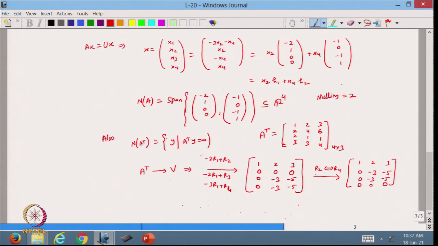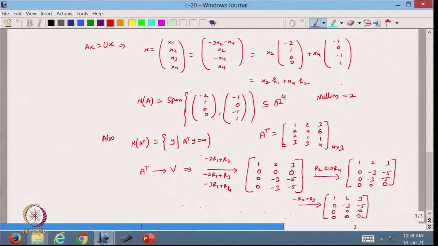From here I will again apply an operation to make this element 0, so I can write minus R2 plus R3. So it will be 1 2 3, 0 minus 3 minus 5, 0 0 0, 0 0 0.